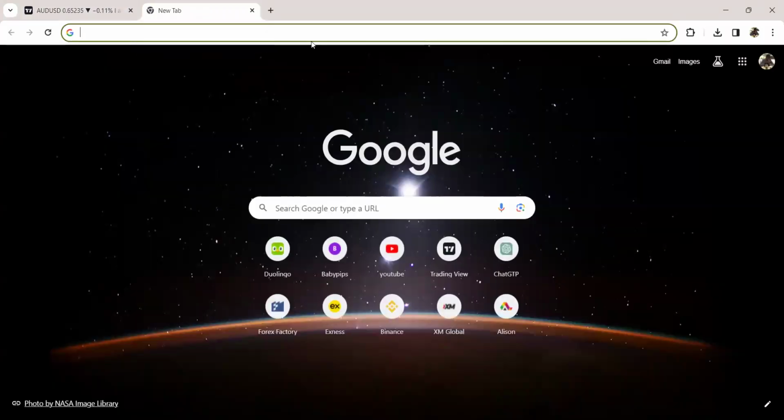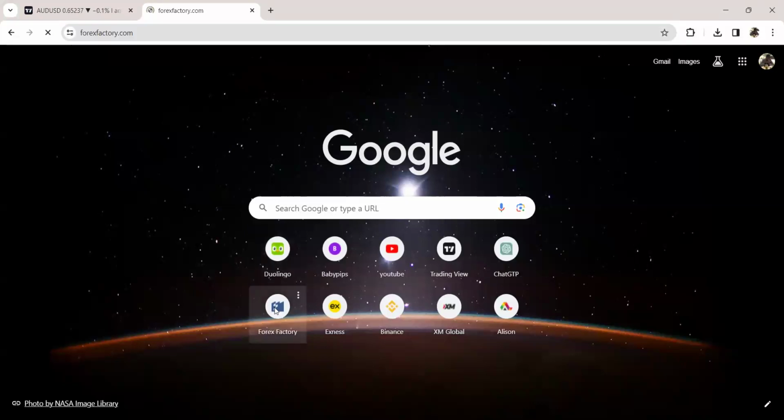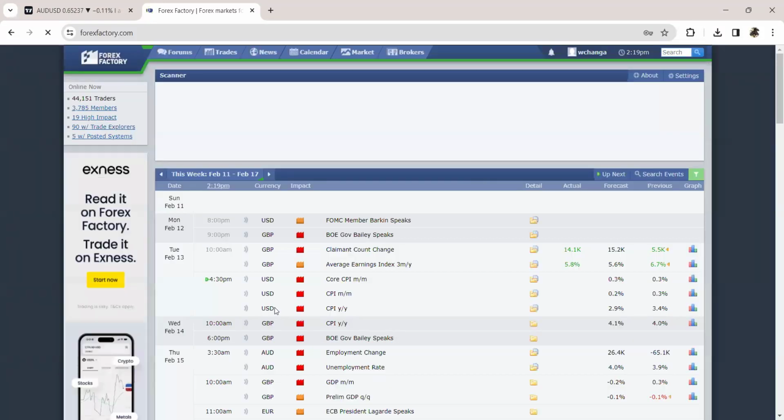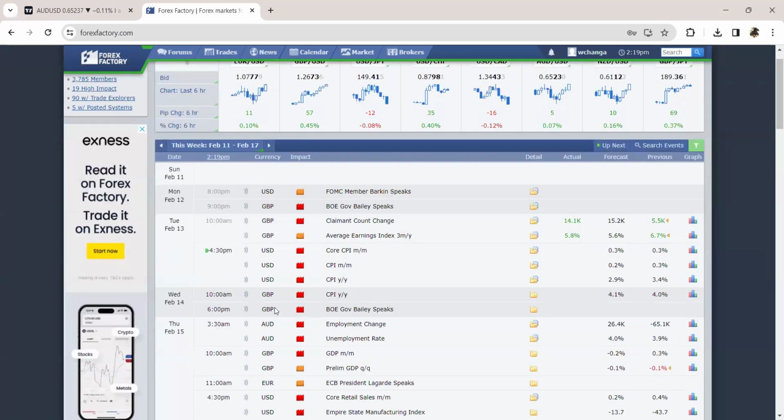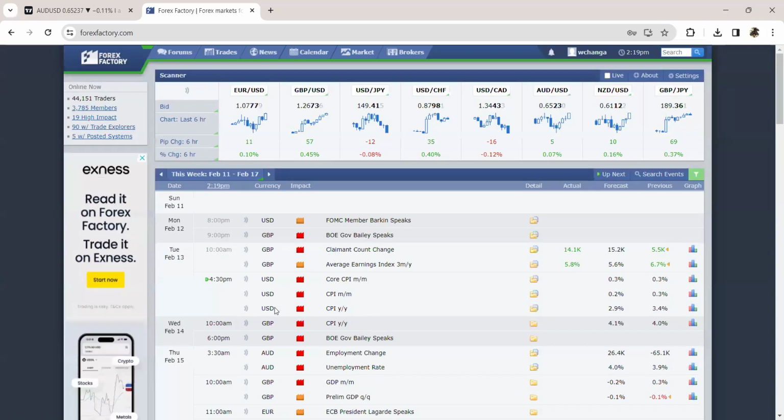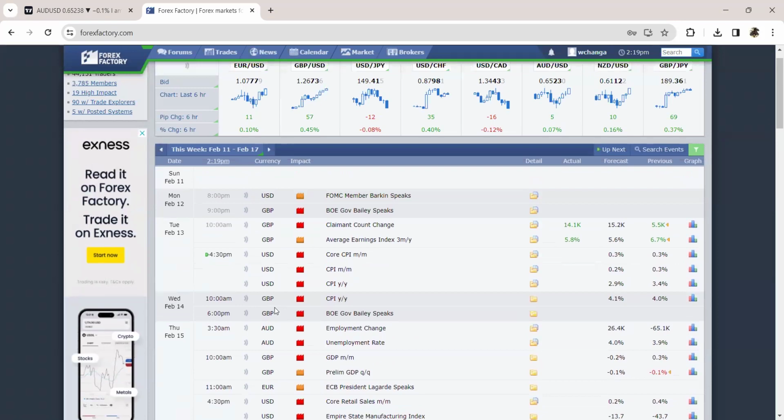I specifically use Forex Factory for news, events, and all that. What's most important here to observe is this: you want to look at the date when the news is going to be released, the time, the currency affected, the impact, and the actual news itself.